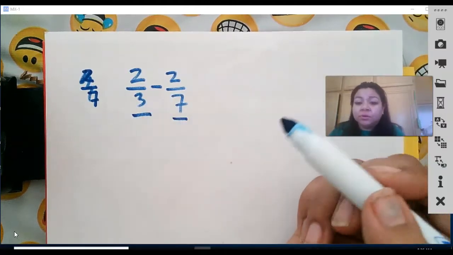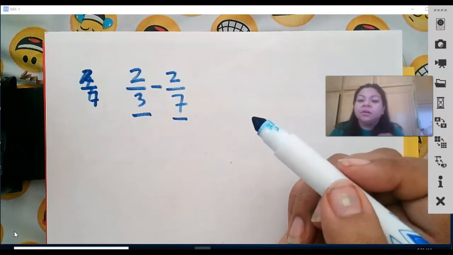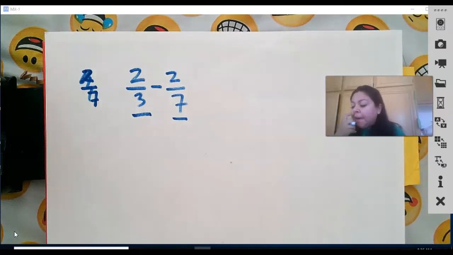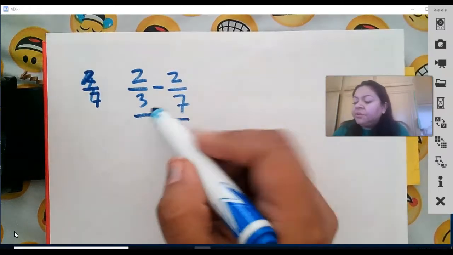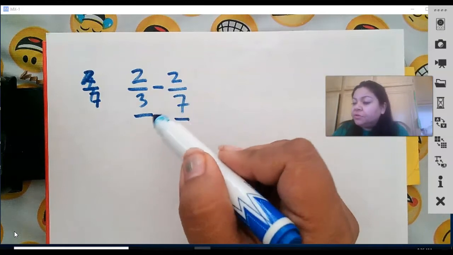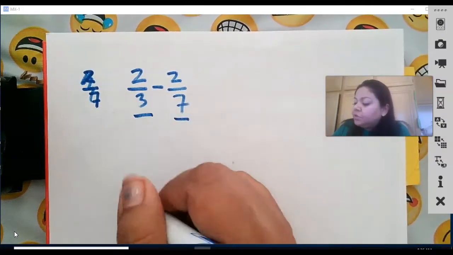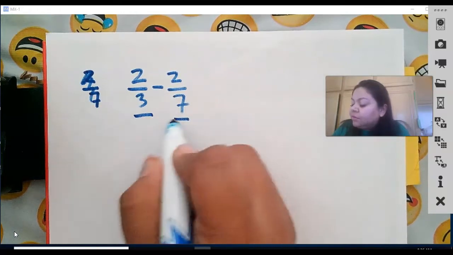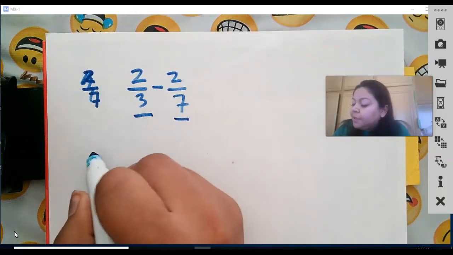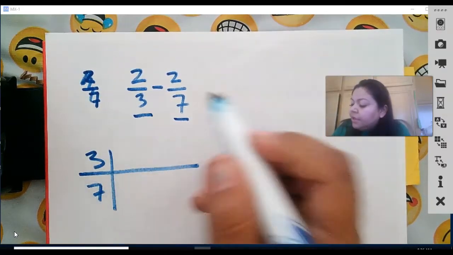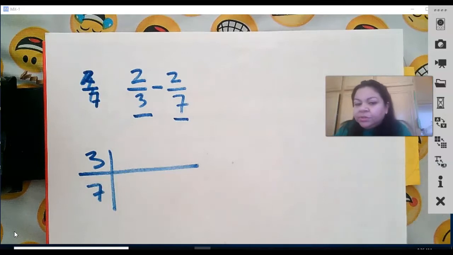And in this case, we don't. So that means that we need to find a common denominator. I'm going to start by finding the multiples so that I can find the least common multiple. I'm going to list them, 3 and 7. You can all do it, we're doing this to the side.